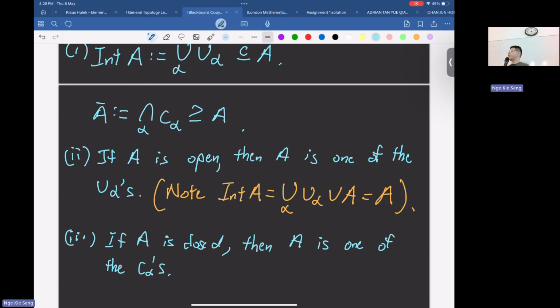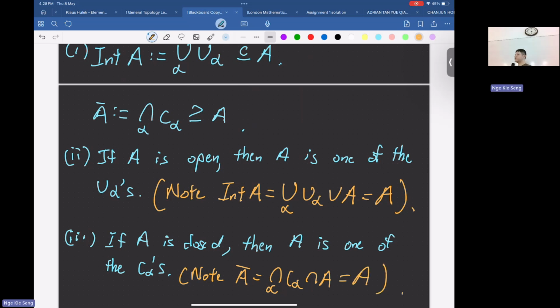But every C alpha contains A. You take the intersection, you will get A. So A bar is equal to the intersection of C alpha, everything has A, is equal to A. Okay, so it's very convenient. There is no limit point whatsoever here. Just care about closure.